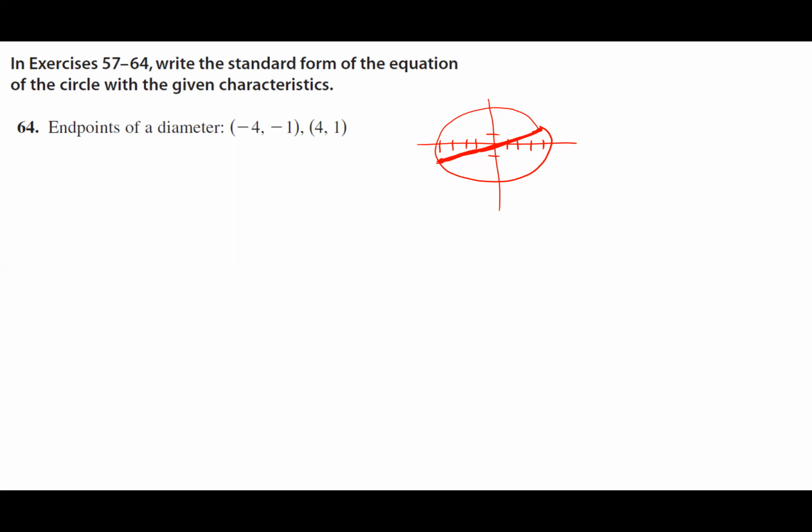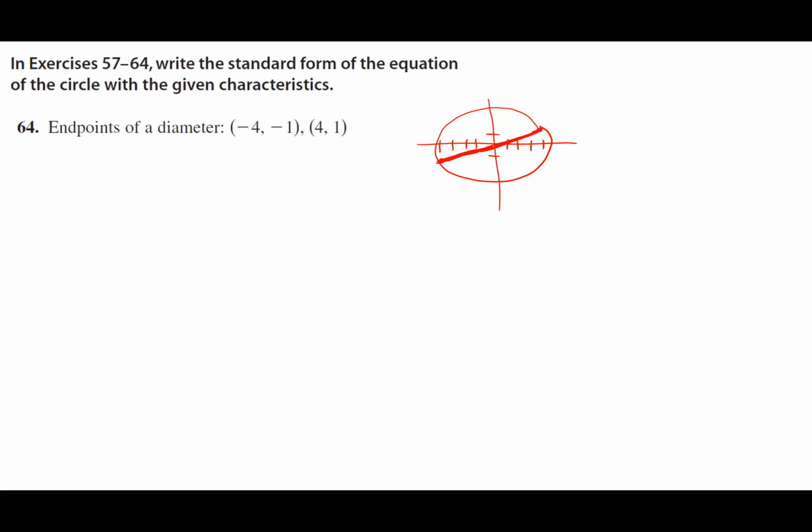So if you add those two sides together, add 4 to -4 and 1 to -1, you get 0, 0. That's the middle. The radius would be 5, right?